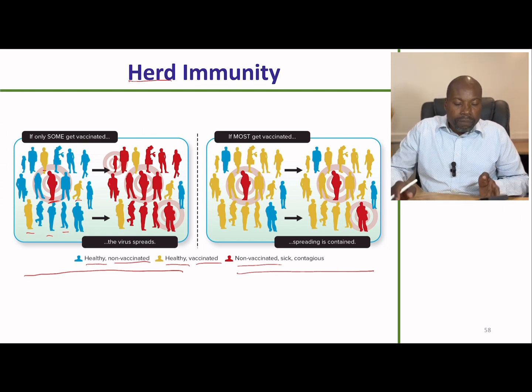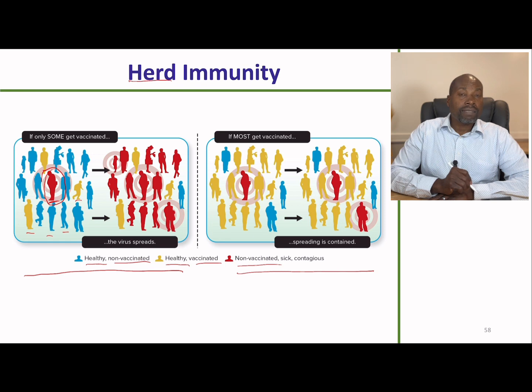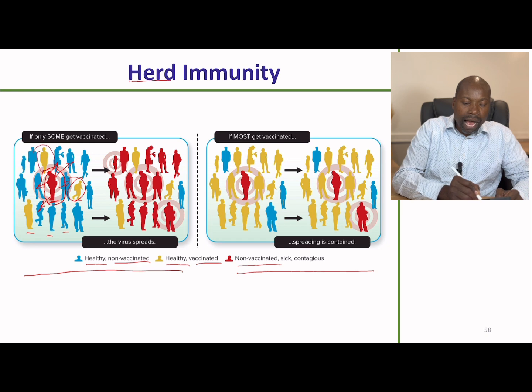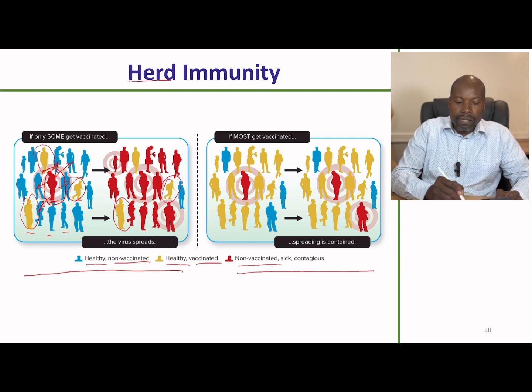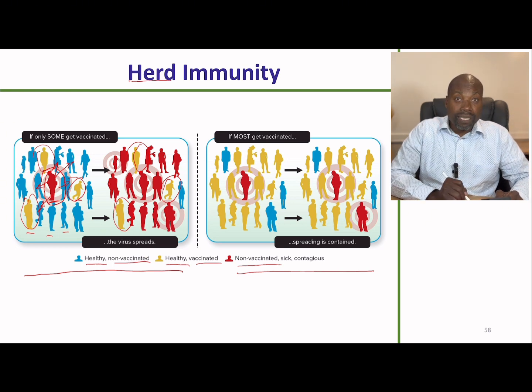Now, in a population where only some individuals are vaccinated, what we see is that at one point in time, when one person here is sick, that person is going to pass the disease to people around them that are not immunized, so that the people who are immunized are still going to be safe, right? However, everyone else that was not immunized is going to be sick, right?